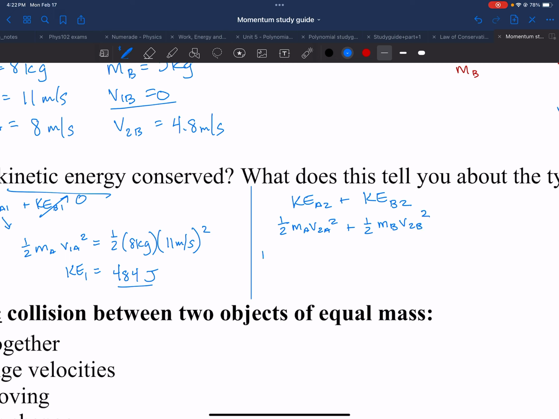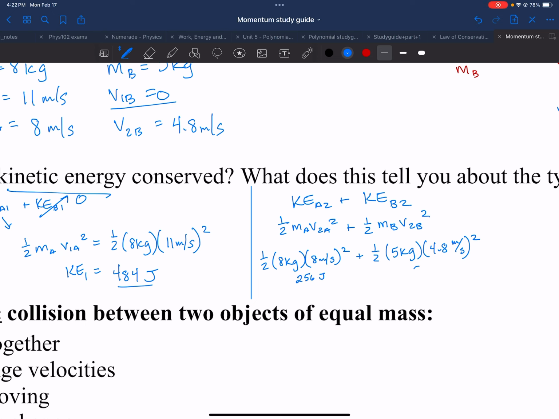All right, so 1/2 8 kilograms times 8 meters per second quantity squared plus 1/2 5 kilograms times 4.8 meters per second quantity squared. Let's see here. This is going to be 256 joules.